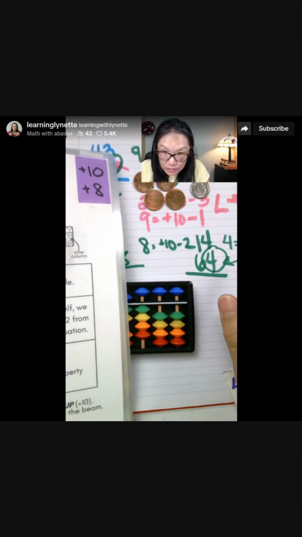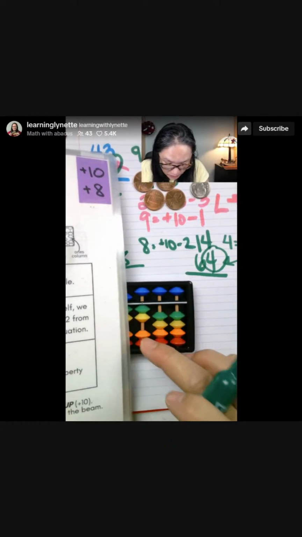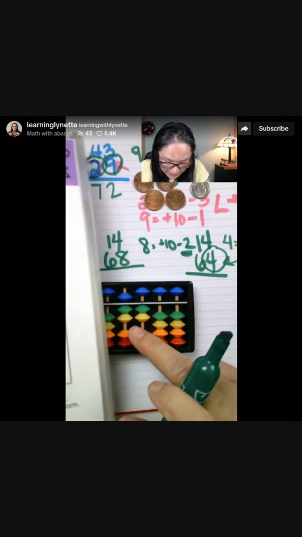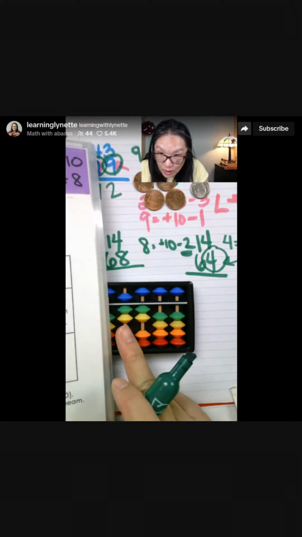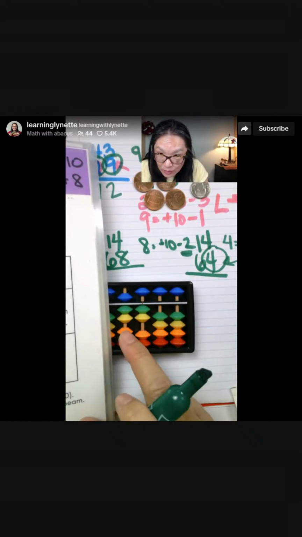So I'm going to minus the 2, right? That's what this is. I need to plus the 10. 1, 0. I add the 1. That's it. So my final answer is 82.